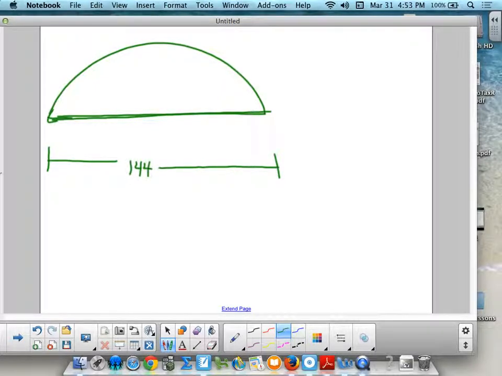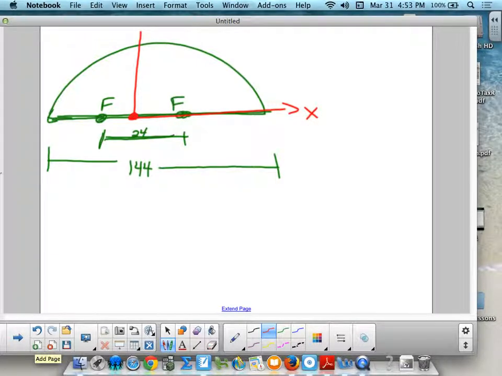If you stand somewhere around here and your friend stands somewhere around the foci, you are 24 feet apart. So from here to here is 24.